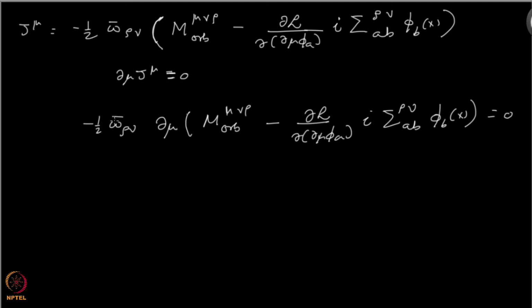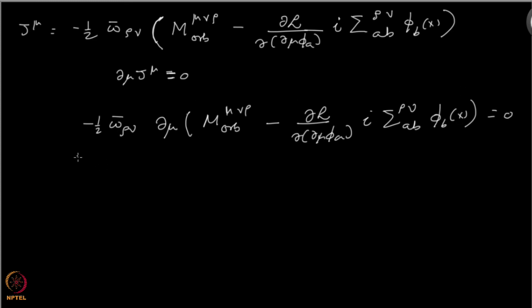But now, because my omegas, they are arbitrary, right? I can choose whatever I wish them to be. I can put many of them to be 0 or do a boost by whatever amount, rotations by whatever amount. And no matter what I choose the omega bars to be, this has to come out to be 0. So this contraction of omega bar with this object has come out to be 0, independent of my choices of omega bar, which means that this can be true only if this object here vanishes on its own, right? Otherwise, you cannot arrange that no matter what you choose here, you get a 0.